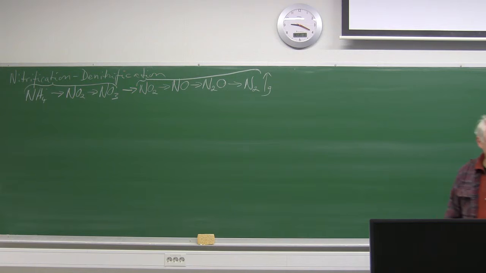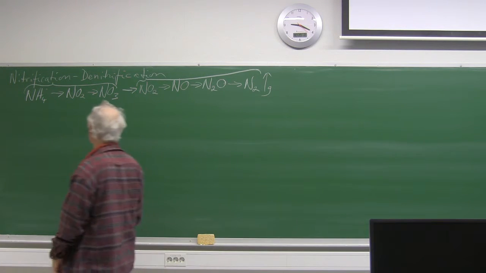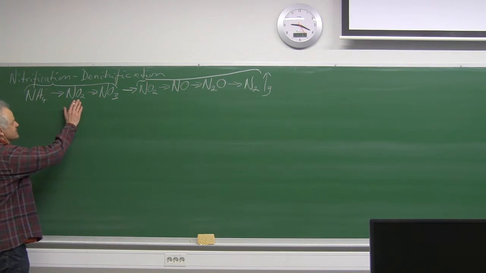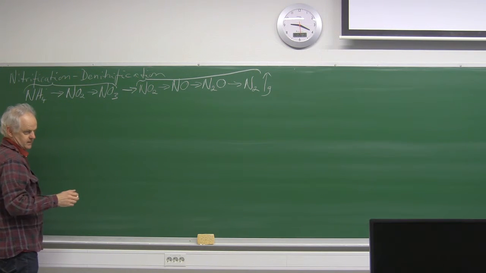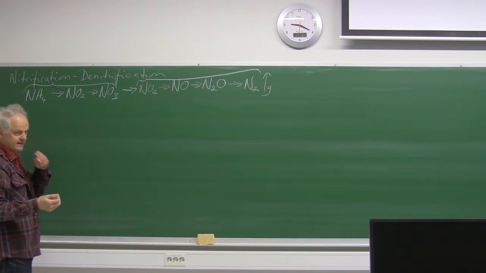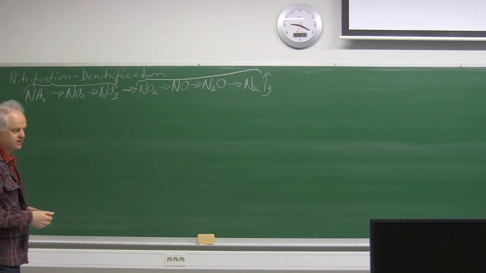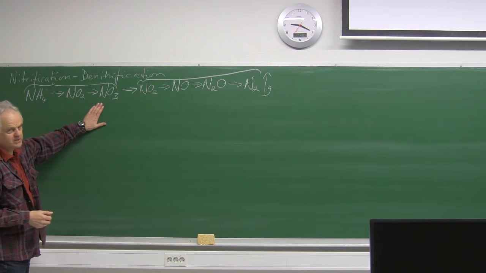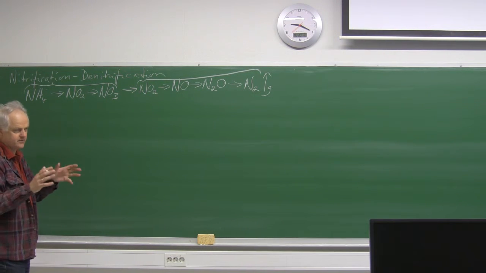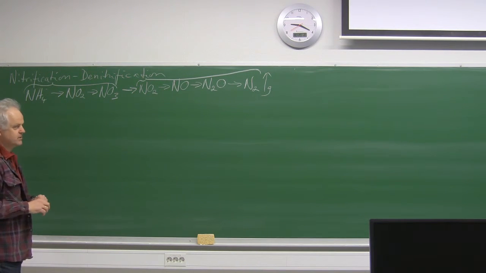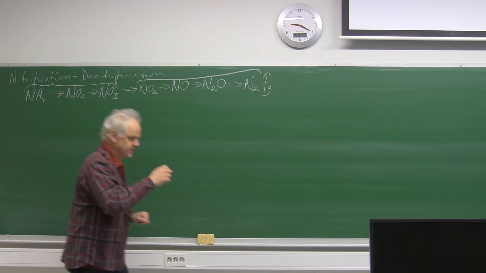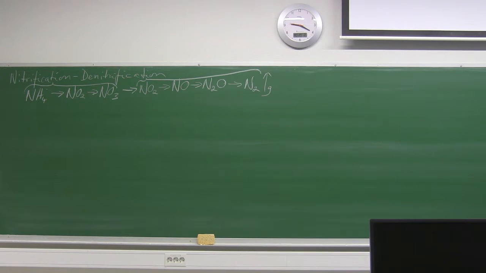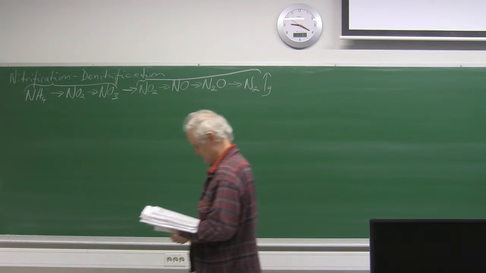Okay, so if we go for 22, then we say that we ignore this. We just look at the reaction from ammonia to nitrate, which is the traditional way of looking at it. That is what we call nitrification. But we know there are two steps, and we can split it up and get more accurate afterwards. But you're saying we're going for 23, was it? 22. Okay, so we go for 22, and then we look at what it says.